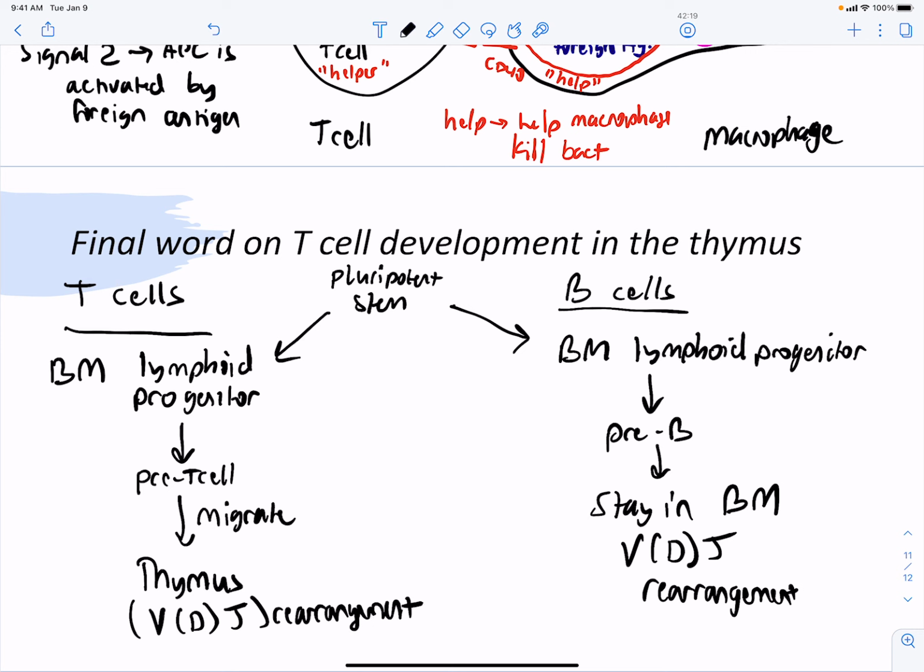Your T cells will migrate to the thymus, that's where they get their name T cells. B cells will stay in the bone marrow. It's not where they get their name. They get their name from the bursa fibrosa from birds, where B cells were first identified. It just so happens coincidentally that in the bird, B cells matured in the bursa fibrosa, where they got their name, and it just happens that they develop in our bone marrow, so the B works. Okay, so that's all I have about T cells and T cell receptor for now.